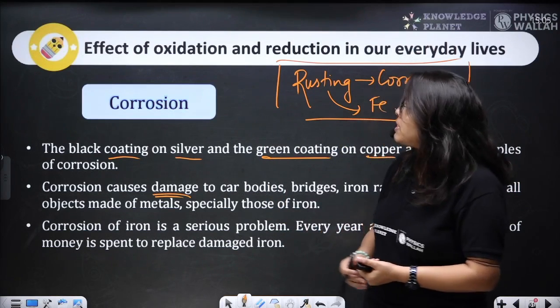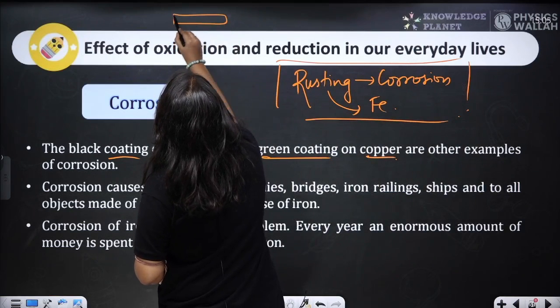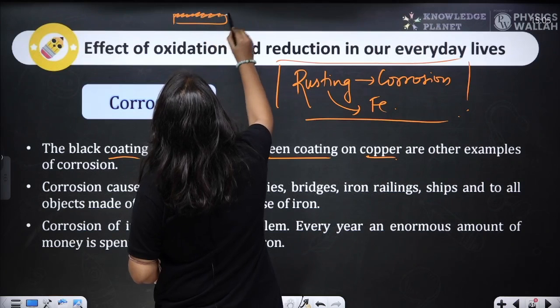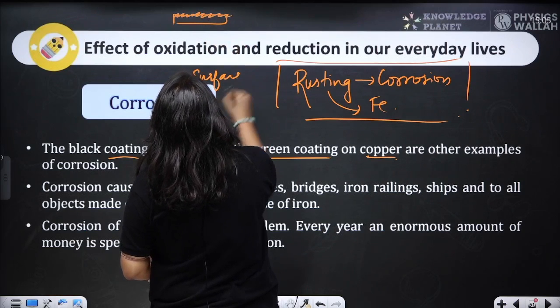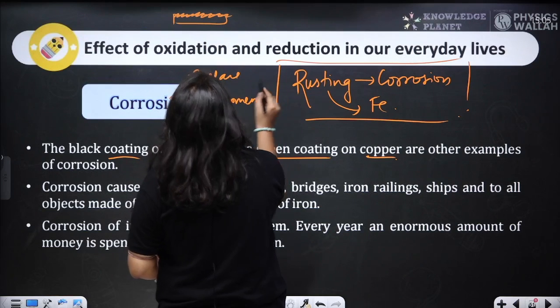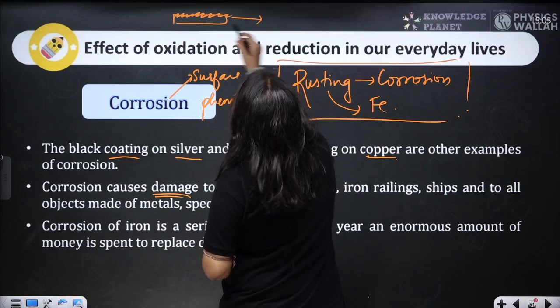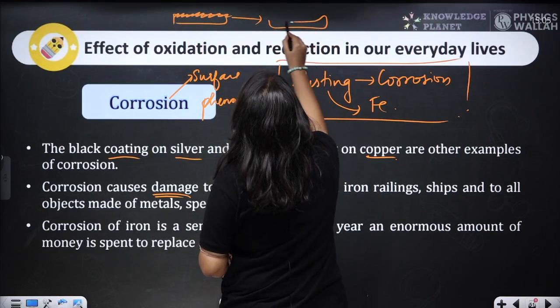Because what happens is, let's say this is a piece of iron. It undergoes corrosion on the surface, and corrosion, by the way, is a surface phenomenon. Now upon corrosion, this layer is lost as iron oxide and it becomes thin.